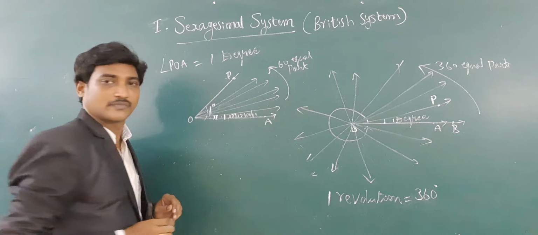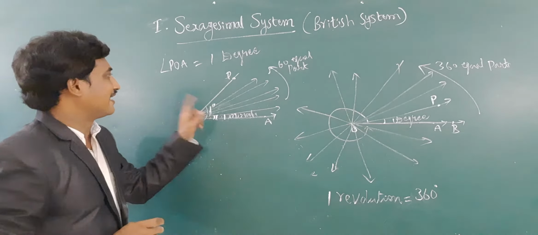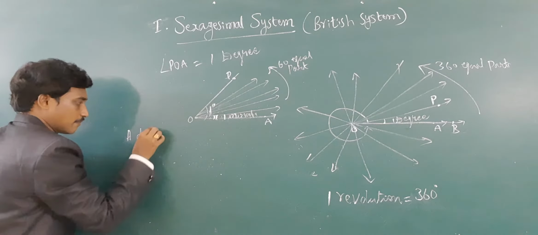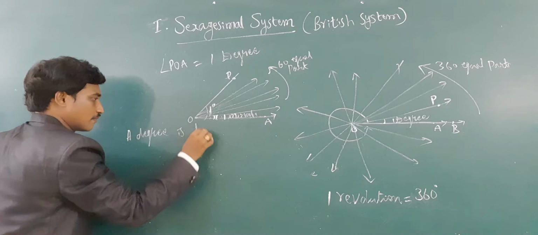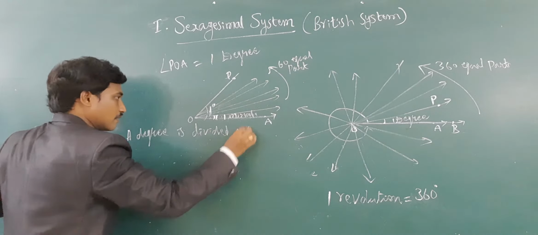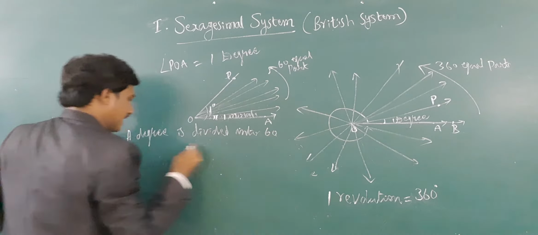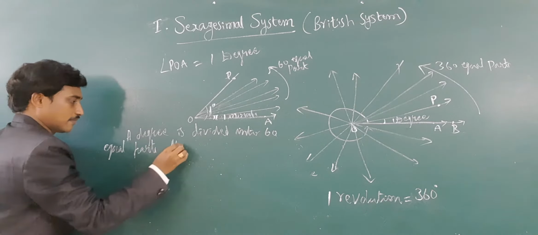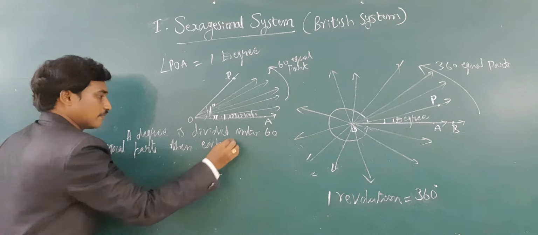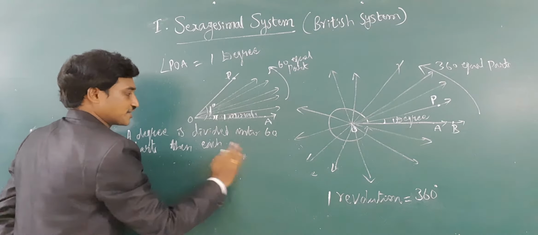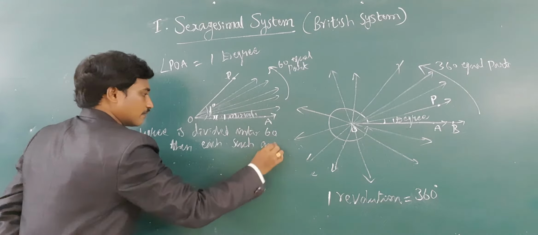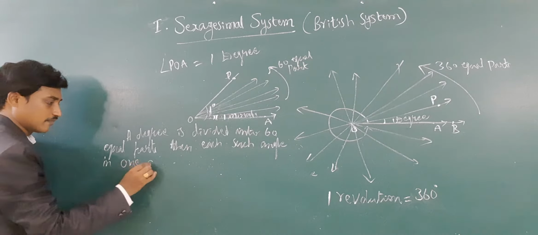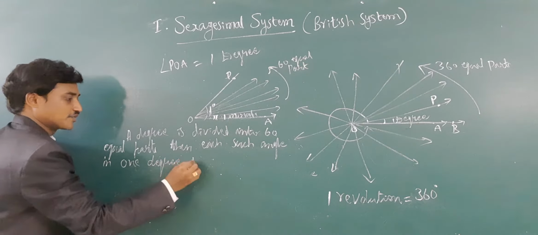So a degree is divided into 60 equal parts. Then each such angle in 1 degree is called a minute.